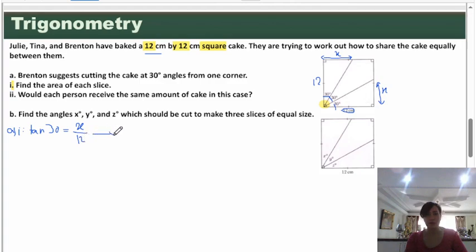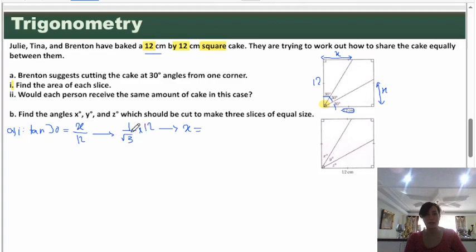So here I try to use cross multiplication. I know the tangent of 30 degrees is 1 over square root of 3, times 12. So I get x equals 12 over square root of 3.